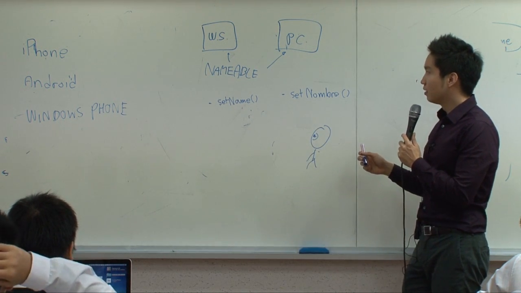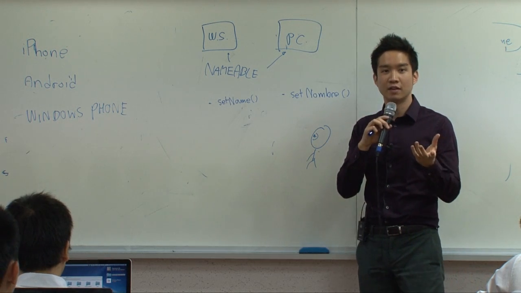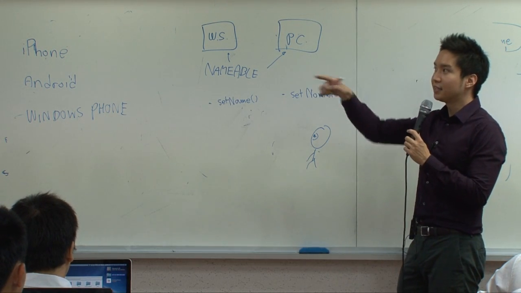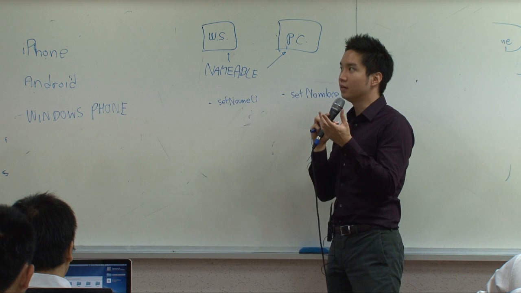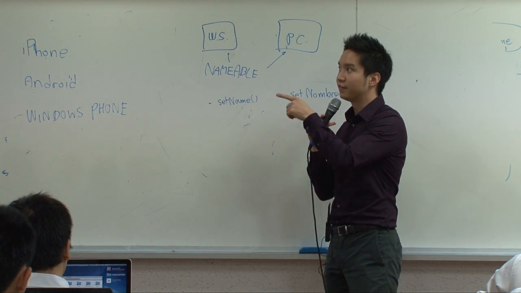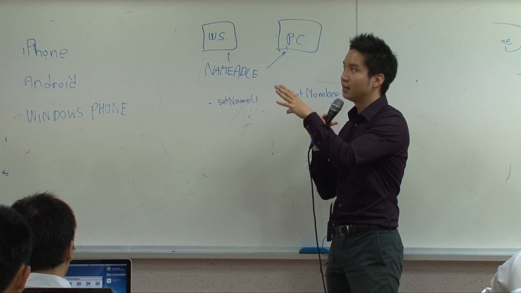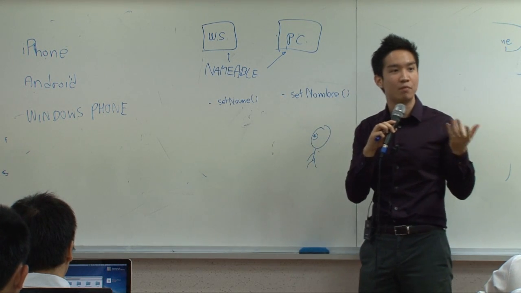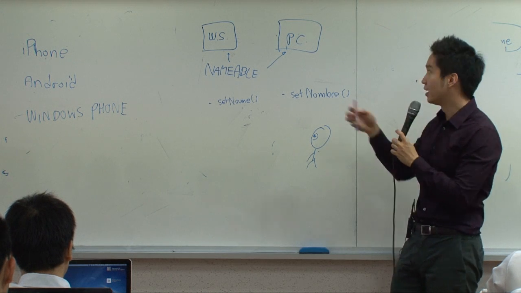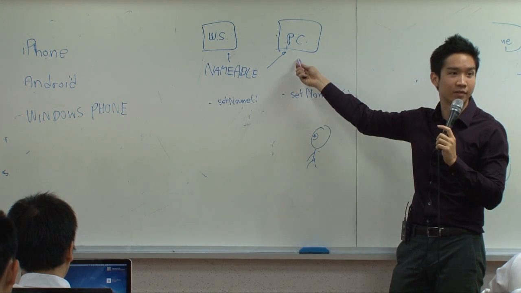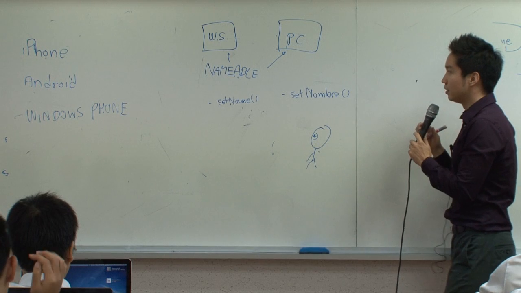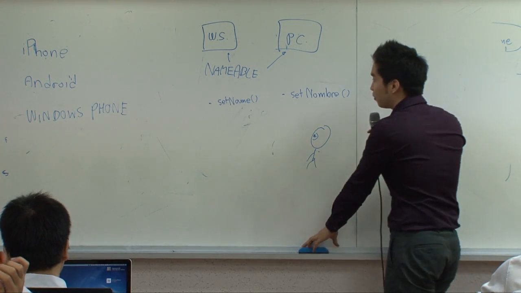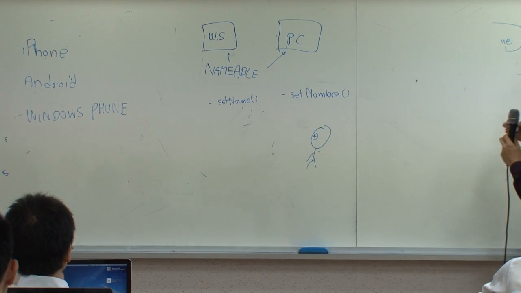So this is why an interface is useful. It would be the proper usage of an interface if you have multiple classes, like if you had more than just a workstation, if you had a PC as well, a personal computer. So this is the first example.